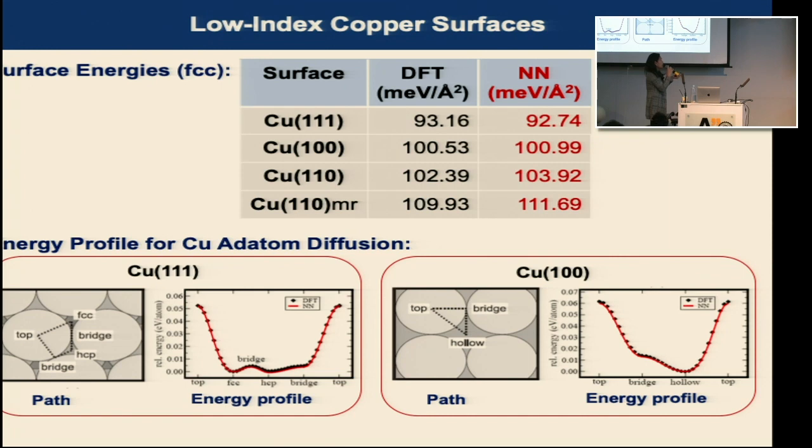At the same time, we use the same potential to predict the atom on top of the 100 copper surface. You can see that the energy profiles of both surfaces from the neural network reproduce the DFT energy profile very accurately.